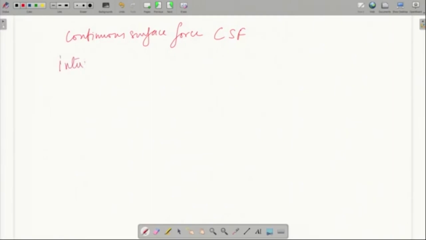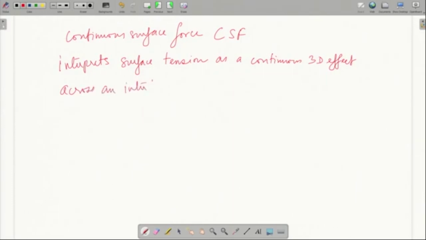That is essentially an approach which interprets surface tension as a continuous 3D effect in general across an interface, rather than a boundary condition on the interface, and a volume force due to surface tension on the fluid elements lying within a finite thickness transition region, which defines the interface, replaces the discontinuities.